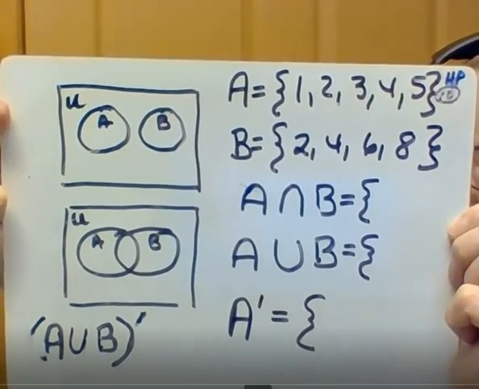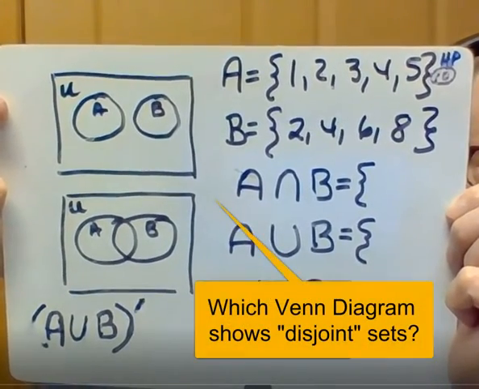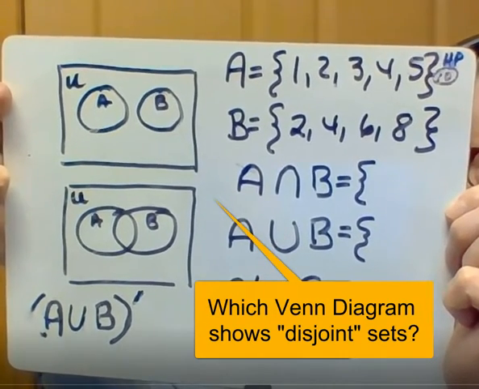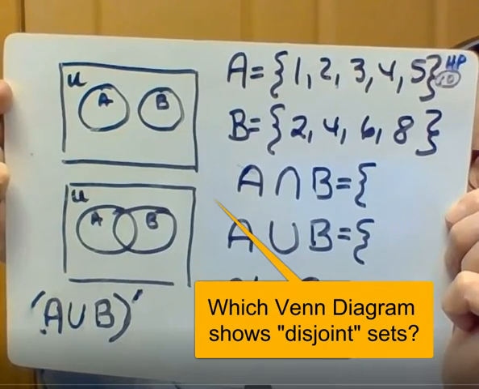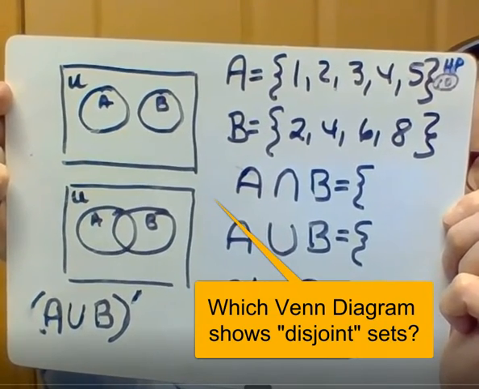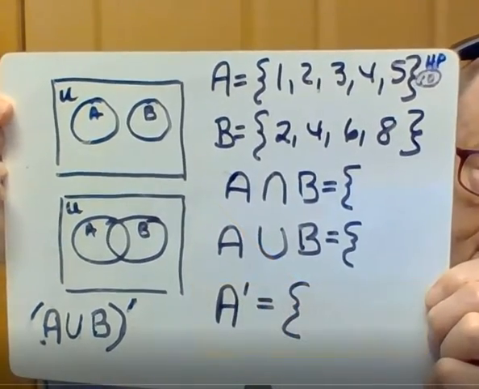Going up here, what kind of diagram is that? Well, that's a Venn diagram. What does the U refer to in that diagram? That would be the universe. And then the A and the B, those would be sets in the universe.